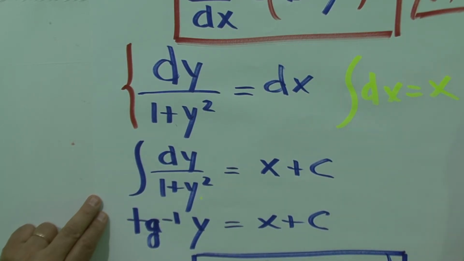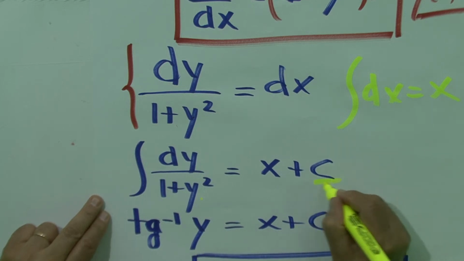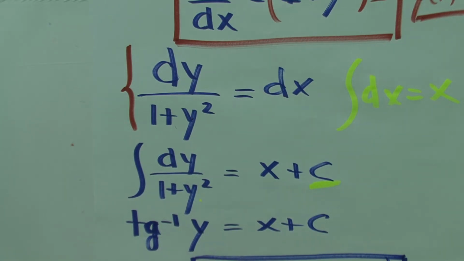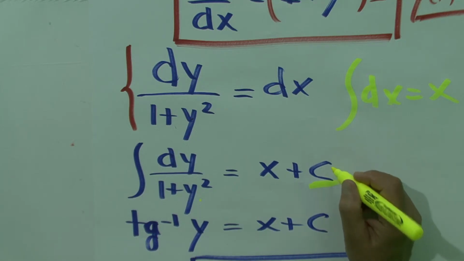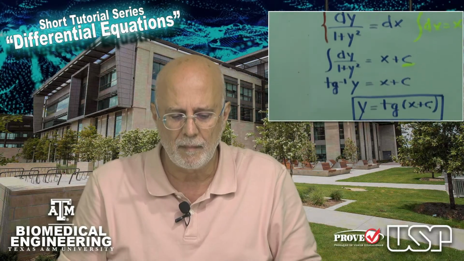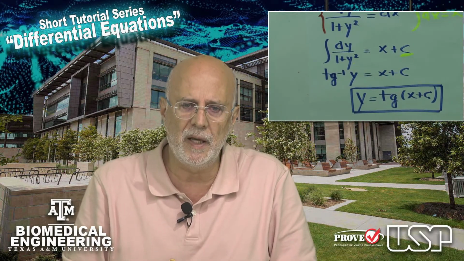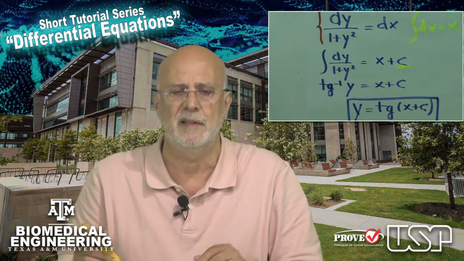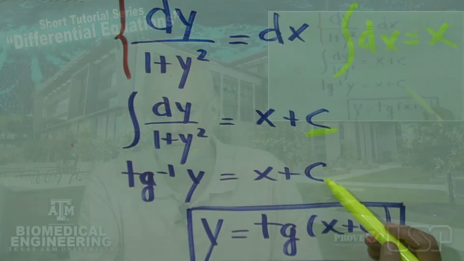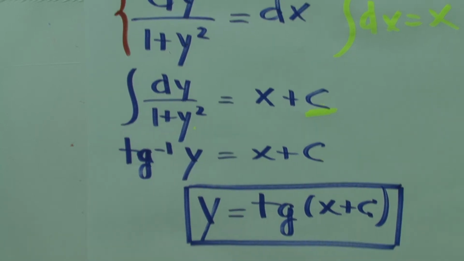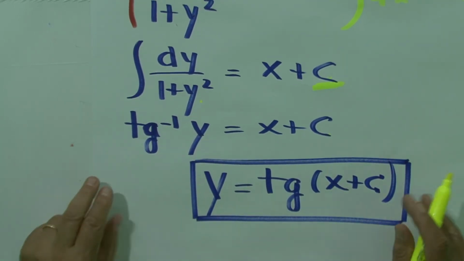But you need a constant here because we don't know the initial conditions, or there must be a boundary condition that determines this constant well. This is a generic solution, not the particular or specific solution. Depending on the initial conditions that you give, you're going to have a different value for the arbitrary constant c, because it is only determined after you establish the initial conditions.